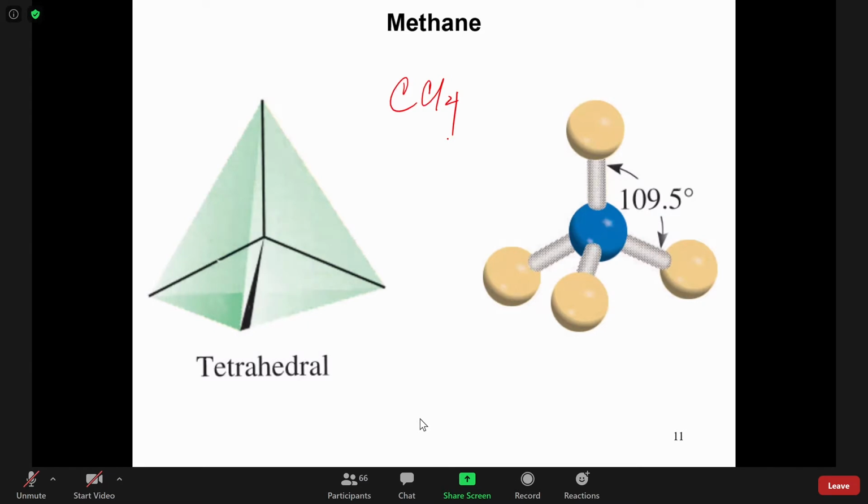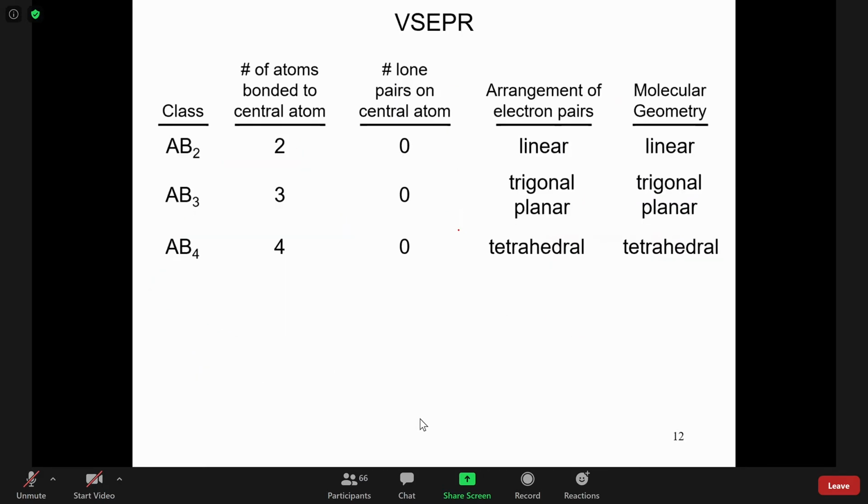Same idea as CH4 in terms of assuming a tetrahedral geometry. AB5, what molecule did we just see earlier in lecture that has the central atom with 5 things bonded around it?